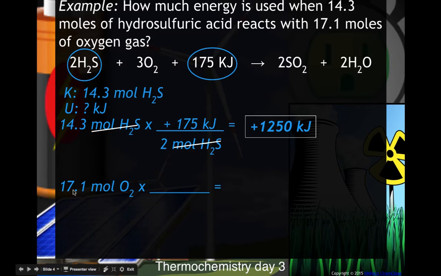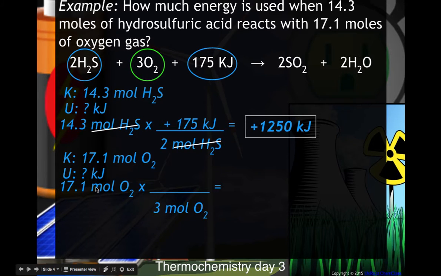Now I have to do the same thing for the moles of oxygen. I'm given the amount of oxygen gas. I know I've got 17.1. I need to find how many kilojoules. Now here I'm going to go up and grab the coefficient from the oxygen. So I know when I've got 3 moles of oxygen, it's going to need to have added a positive 175 kilojoules.